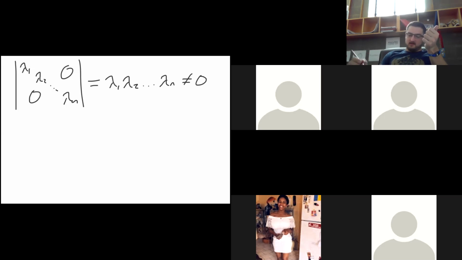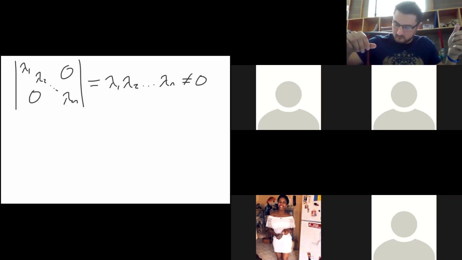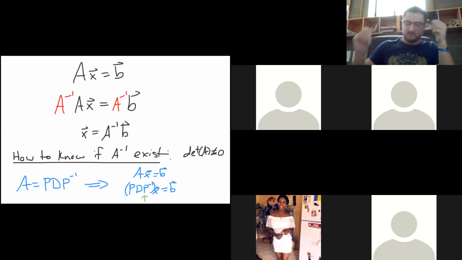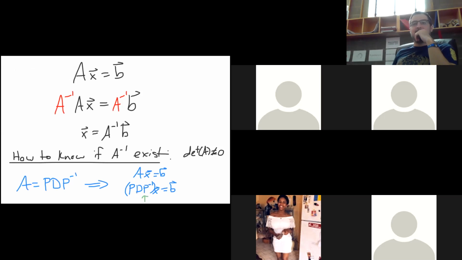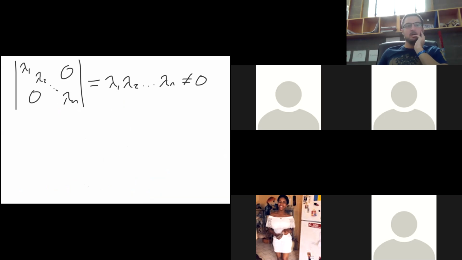Because, like we said, I think we have it. Where did we write it? Or maybe we just mentioned it. No, there it is. How to know that we find the inverse of a matrix? The determinant's got to be non-zero. So if I want to find the determinant of that diagonal matrix D, that's just the product of all of its diagonal entries, which means I want that product to be non-zero, which means each one of those eigenvalues can't be 0.